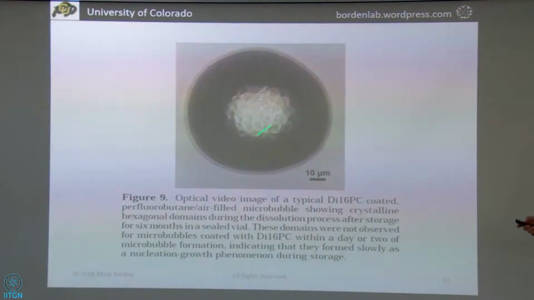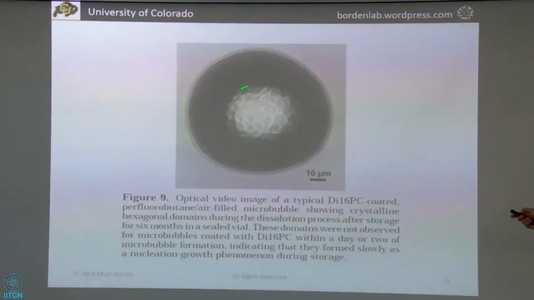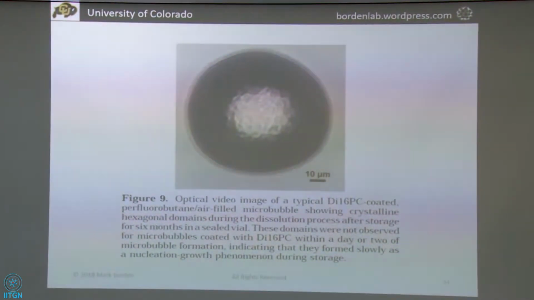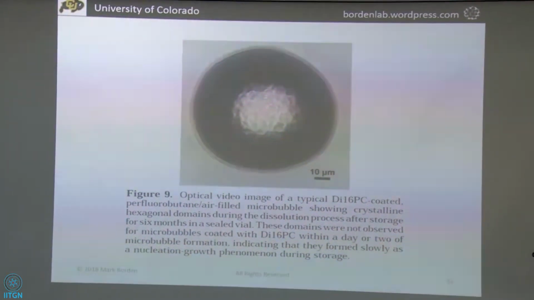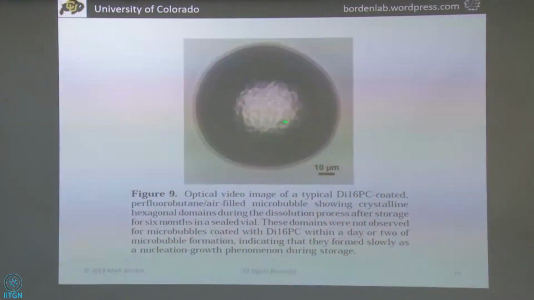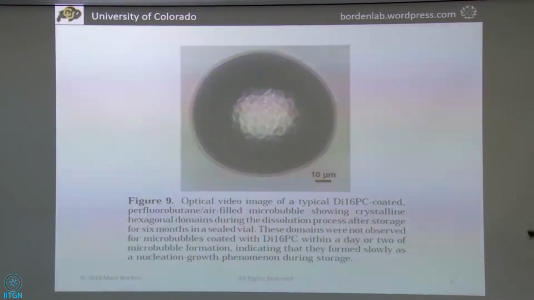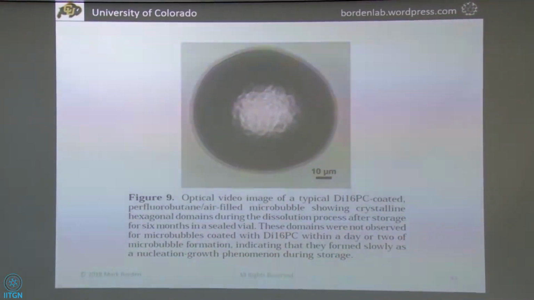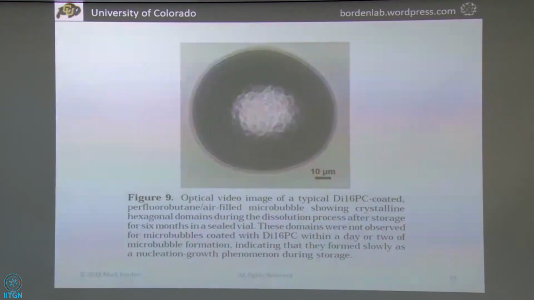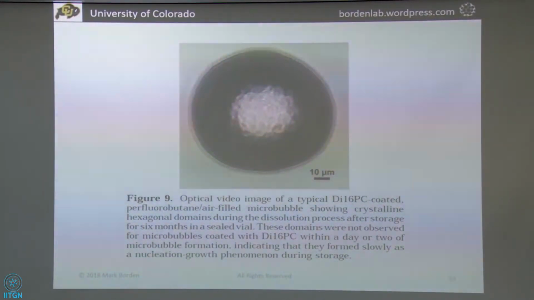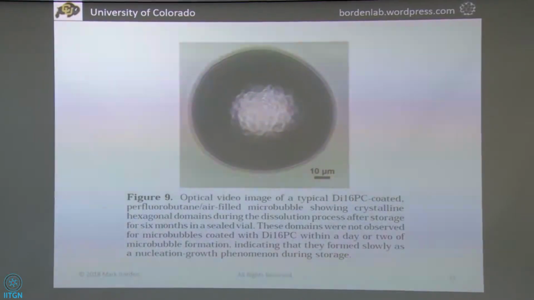One of the interesting things with bright field, and bubbles that we had stored for a long time, this was bubbles that had been stored for several months. I put them in this dissolution chamber just to see what would happen. And I got this interesting thing. I saw these little hexagonal domains as the bubble was crumpling. So it would be smooth, and then it would start to crumple, and you would see these kind of domains.